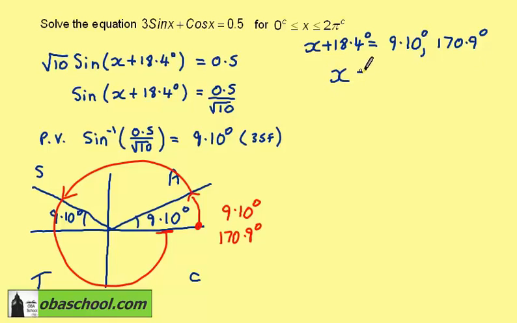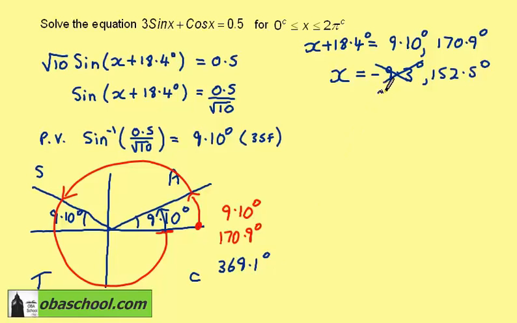Subtracting 18.4 from both sides, x is minus 9.3 degrees, or 152.5 degrees. But minus 9.3 is outside the range. It's not between 0 and 360. So let's look for another solution. Let's go forward to here, which is 369.1 degrees.